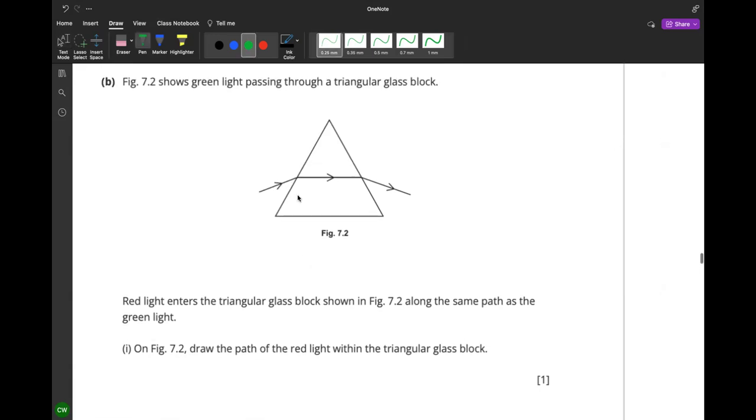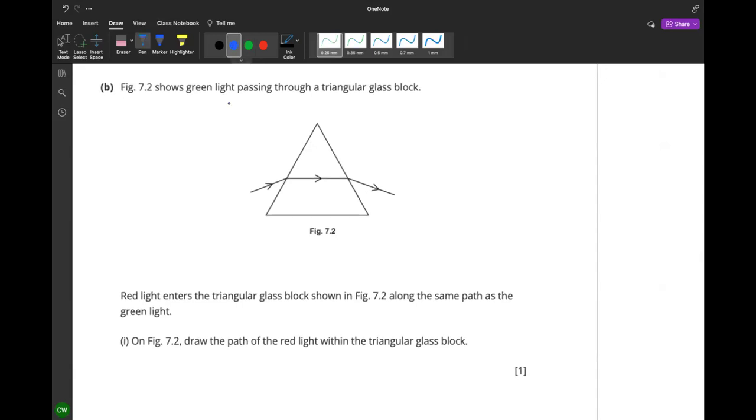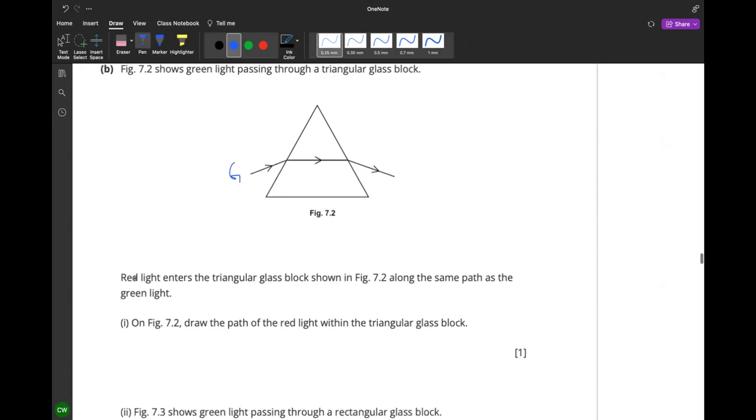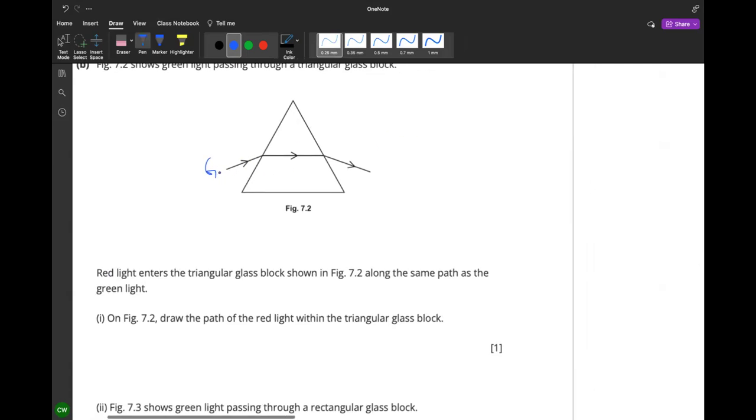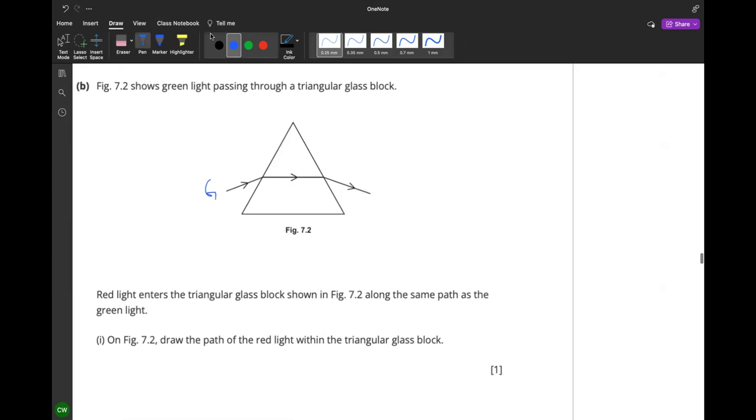Okay, next one is about the green light. So this is the green color light. Triangular glass block, light entering the same path. Draw the red light. So it's telling us that the red color one also passes through the same path. Spectrum of color: ROYGBIV.